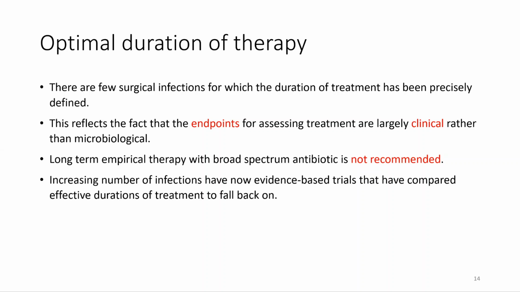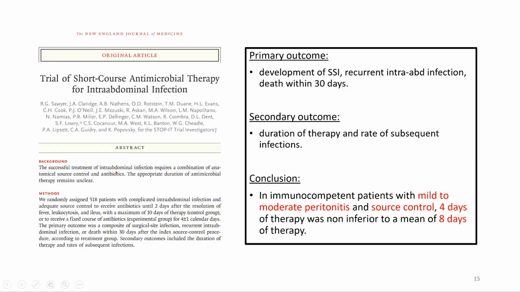And with regards to the optimal duration of therapy, there is an increasing number of evidence-based trials that have compared effective durations of treatment for us to fall back on. This is an example publication in the New England Journal of Medicine, a trial of short-course antibiotics for intra-abdominal infection. The outcomes include the development of surgical site infection, recurrent intra-abdominal infection, or death within 30 days, and the secondary outcomes include the duration of therapy and rate of subsequent infection.